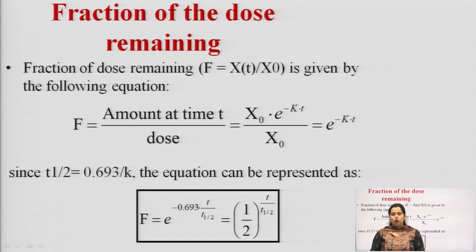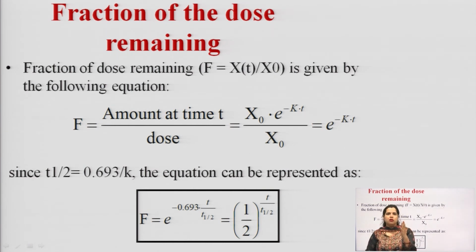So, fraction of the dose remaining, how is it calculated? Fraction of dose remaining F is equal to X t by X 0, given by the following equation at time t and at time 0. So, F is the amount at time t divided by the dose.